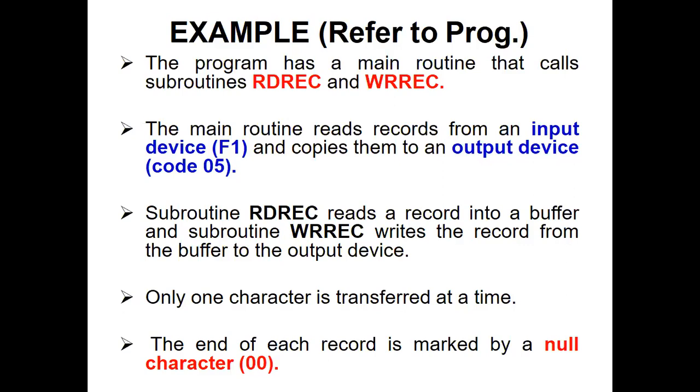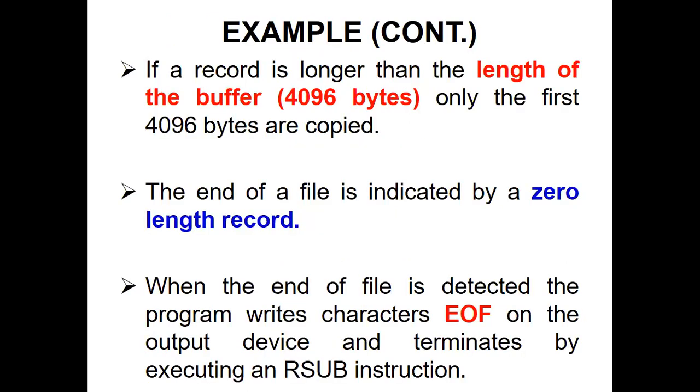So the indicator that we have read the whole record is when you read that null character 00, that will mean that you have reached the end of that record. Now, if the record you are reading is more than those 4096 characters, then we stop. So the record accepts only 4096 characters.